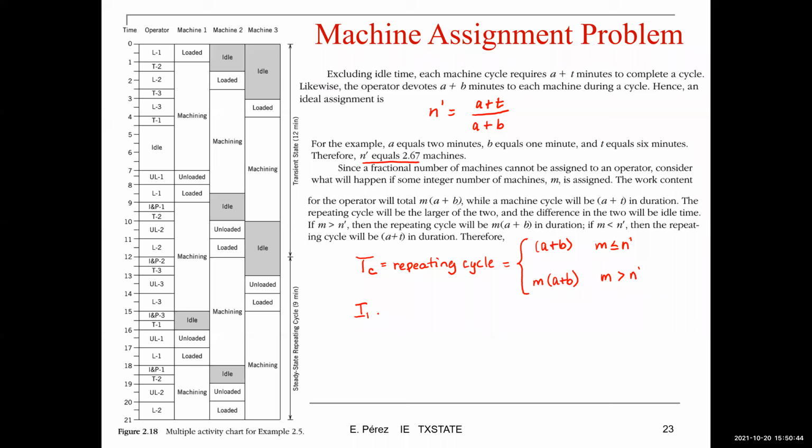Im is the idle time for each machine. That's going to be equal to 0 if M is less than or equal to N prime, and it's going to be equal to Tc minus (A plus T) if M is greater than N prime.